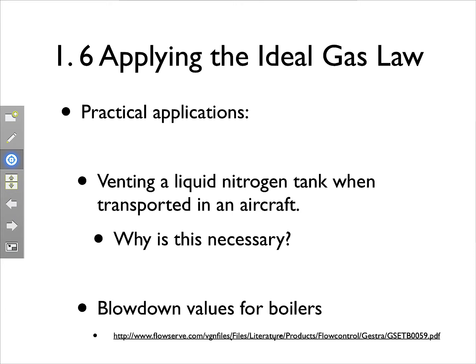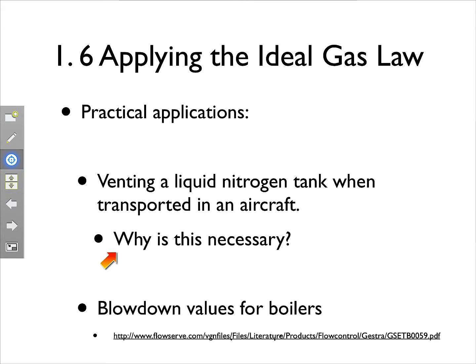The pressure gauge was going up, and the loadmaster on the cargo flight I was on was getting frightened about the gas pressure going up. But as long as that was being vented to the outside of the aircraft, which it was, there was no problem. But of course, why is this necessary?